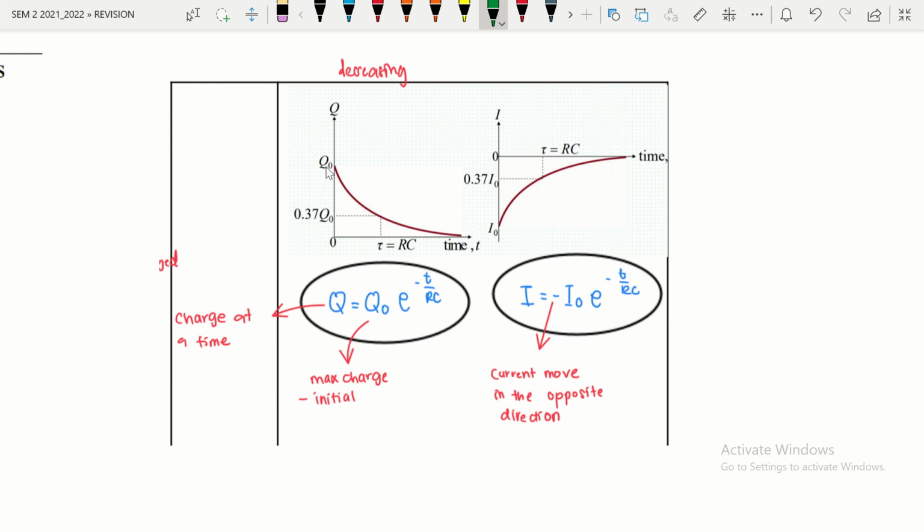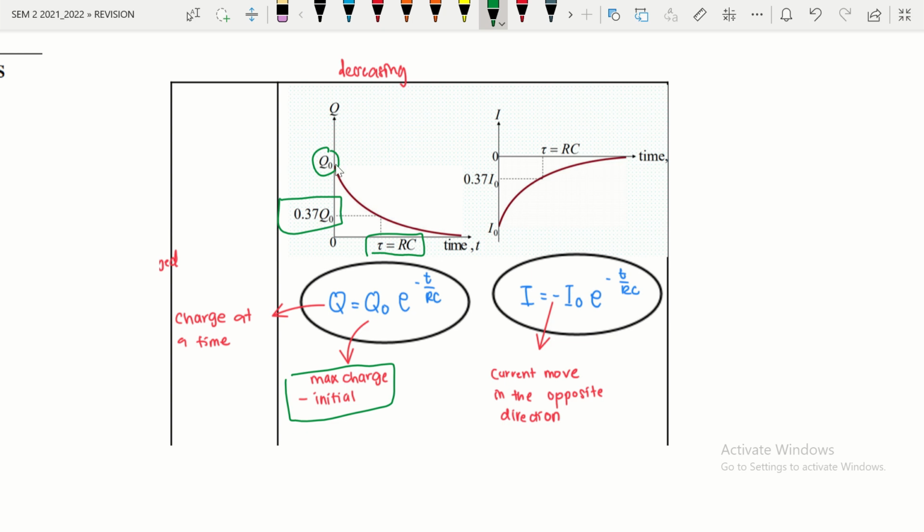So as you can see, Q0 is the maximum charge or we say initial charge. For example, 100%. Okay, as for the time constant, you must know when we draw the time constant. The time constant for discharging process is 0.37 of your initial charge or maximum charge.